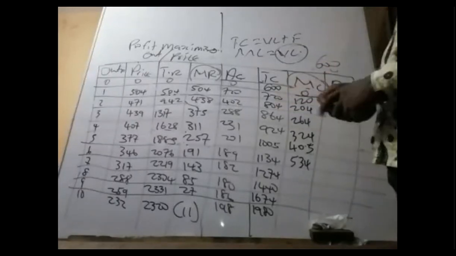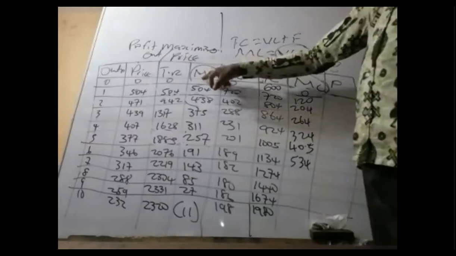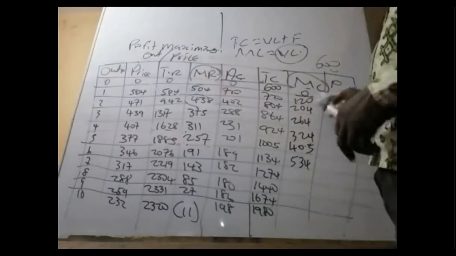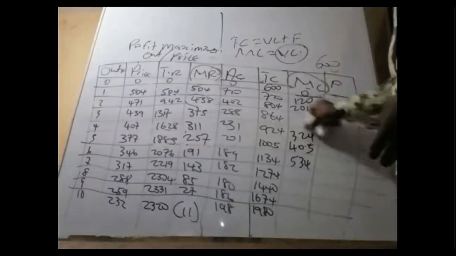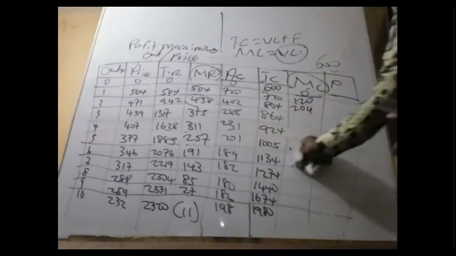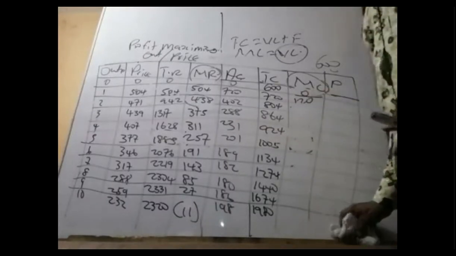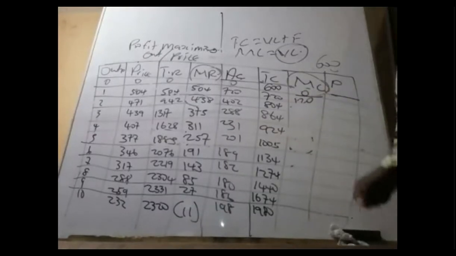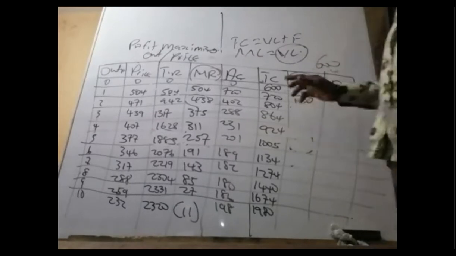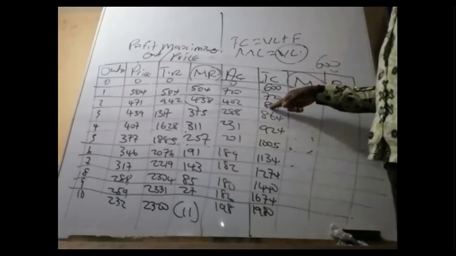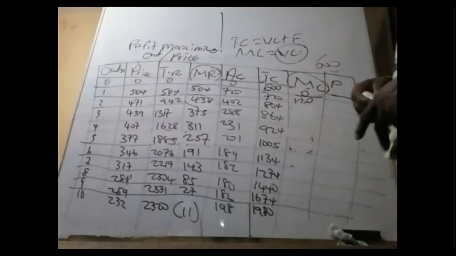Let us go by how we arrive at the marginal revenue, the same style. Let's use that approach to be on the safer side. For this technique, I don't agree. So this minus this is still the same 120. But 804 minus 720, what will be the answer?